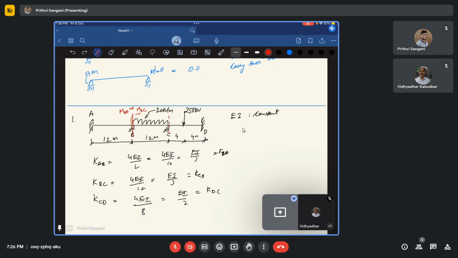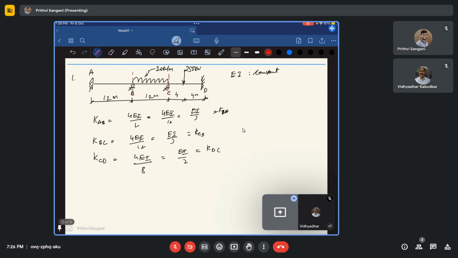Those things we have seen last time. If you remember, we tried to write the compatibility equations, the extra equation other than the slope deflection equation, saying that MBC plus MBA is equal to 0.